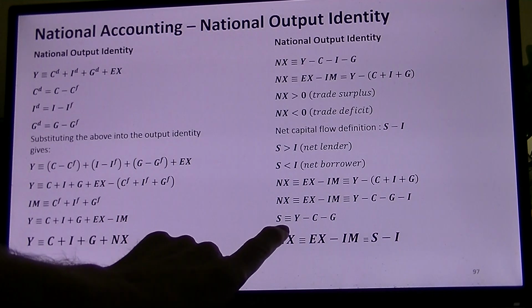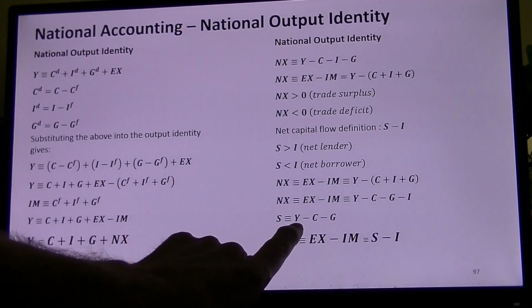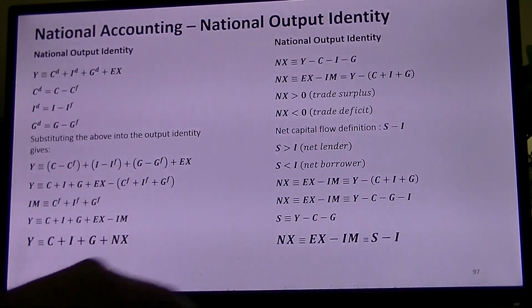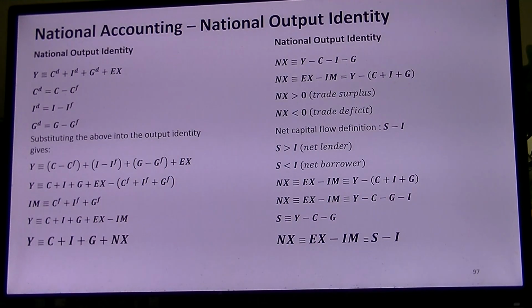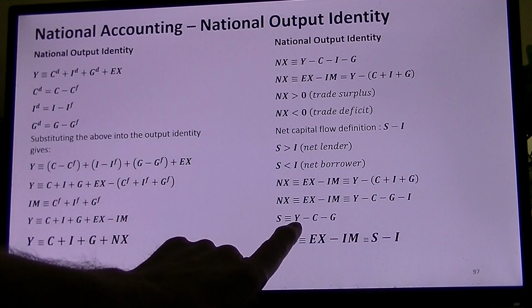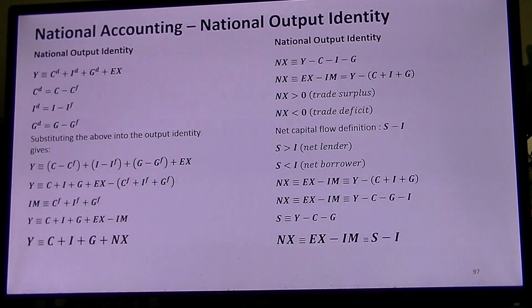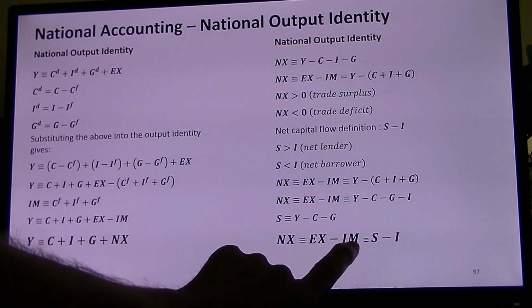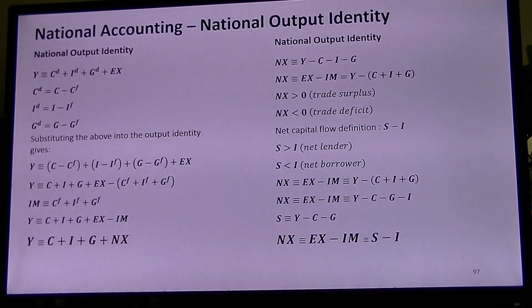And then we can determine that savings is identically equal to output minus consumption minus government. Then net exports, this is very important, net exports equals exports minus imports, which equals savings minus investment. This is a very important outcome.